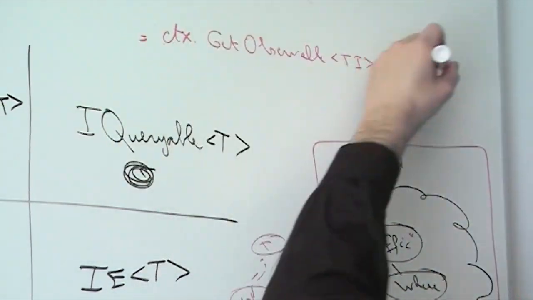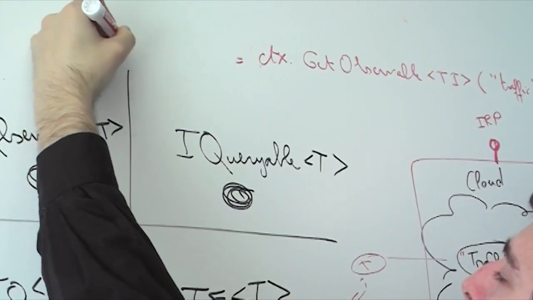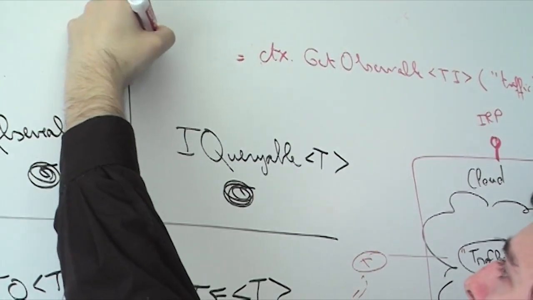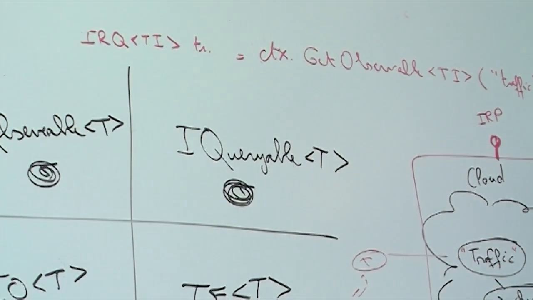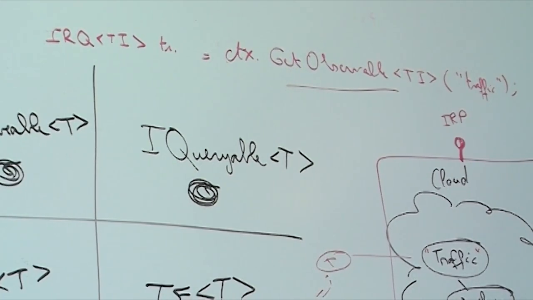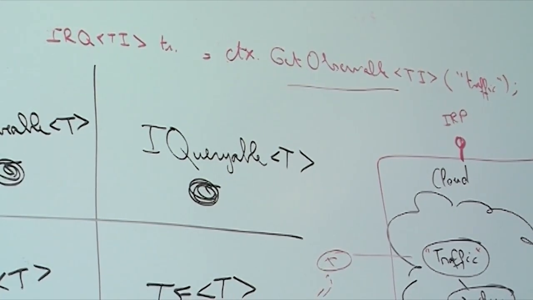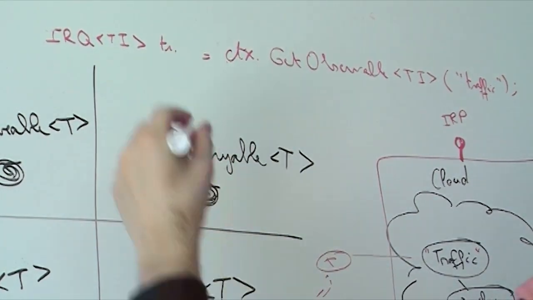But what you get back here is an I-reactive observable of traffic info. And that's traffic. And that's a local object. Get observable doesn't go to the cloud, it just creates a local proxy to an object. Now, what's the expression tree representation of that guy? That's where the fun comes in.